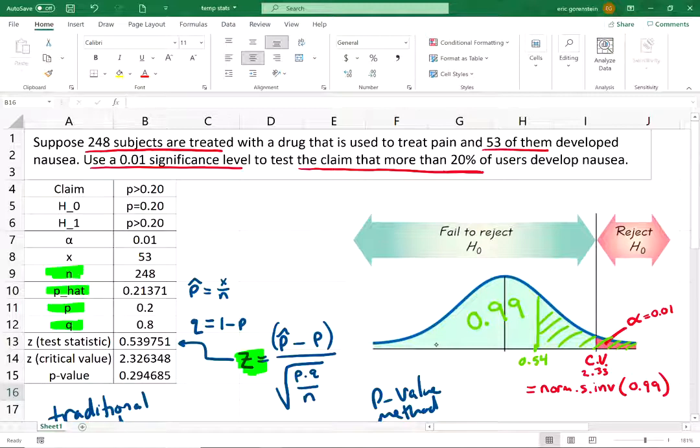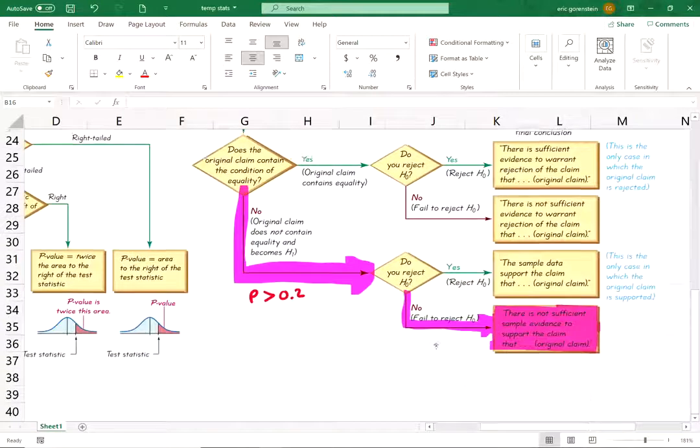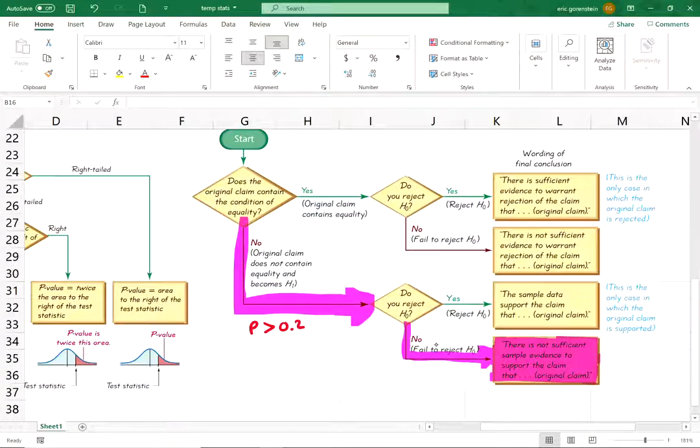Okay, so where we end up in these four boxes here on the right, it doesn't mean the problem is done the same way. Critical values, test statistic, p-values. What do I do with the null hypothesis? And once you've answered those questions, then you come down to this flow chart to determine the wording of your final conclusion.